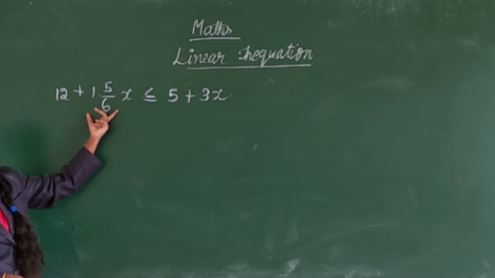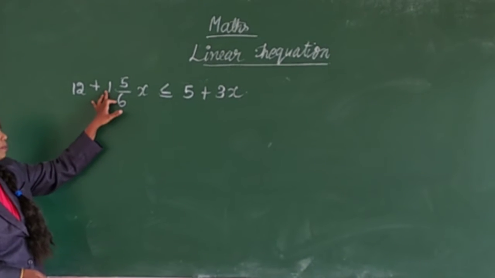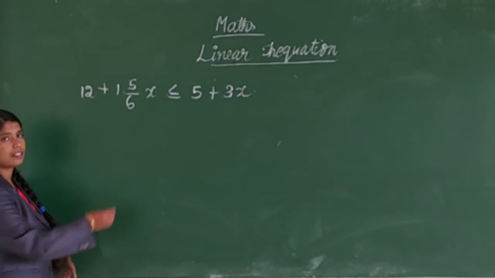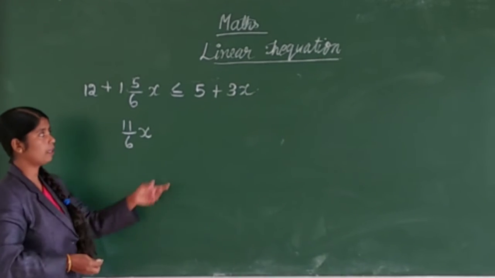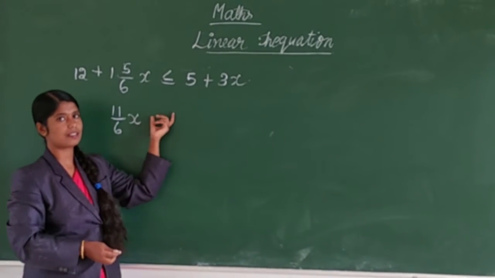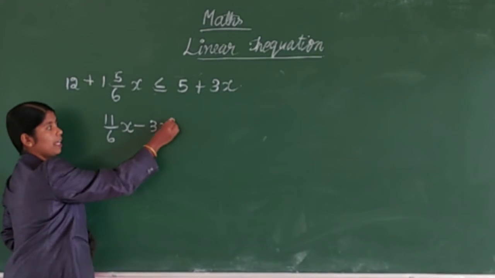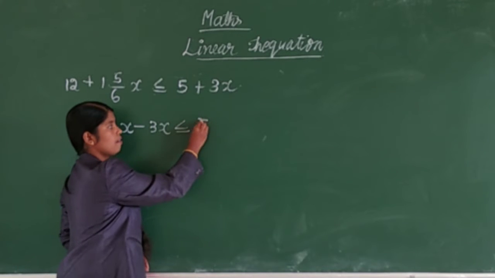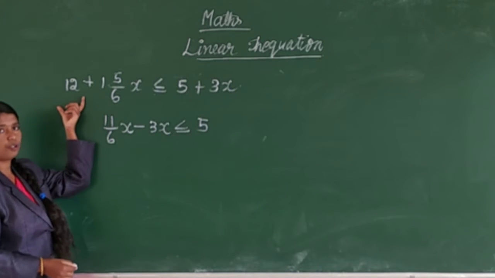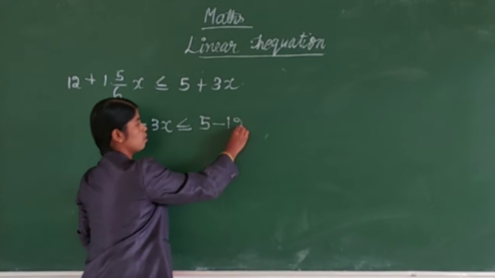So this is a mixed fraction. We convert this into the improper fraction. 6 ones are 6 plus 5 is 11 divided by 6x, and I'm bringing plus 3x to this side, it will become minus 3x. Then here we have less than or equal to, opposite side we have here 5, and plus 12 we take to the opposite side, it will become minus 12.